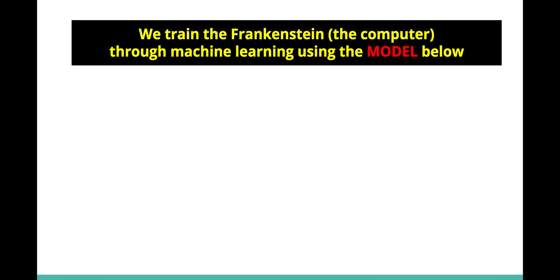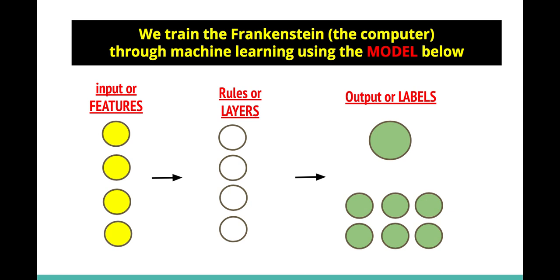So here we train Frankenstein or the computer through machine learning using the model below. If you remember, we have the input. We tell him the input. We show him the output or the labels, and then the machine or Frankenstein determines the rules on his own. He learns on his own by determining the rules or the layers on his own.